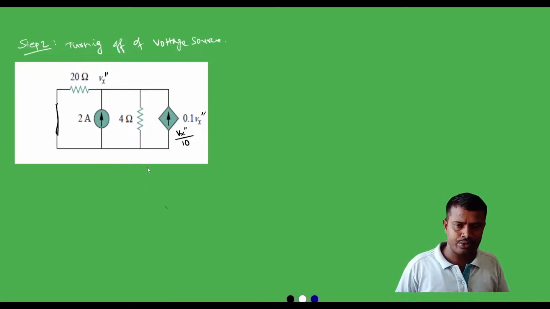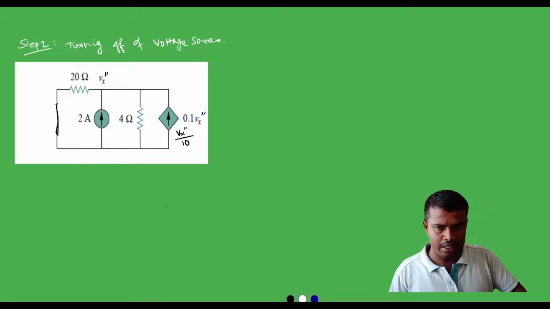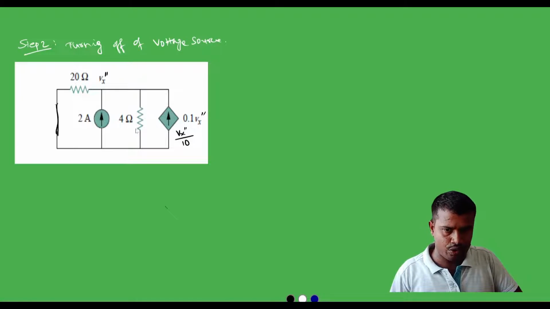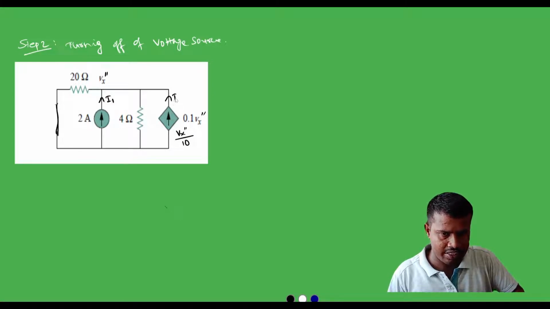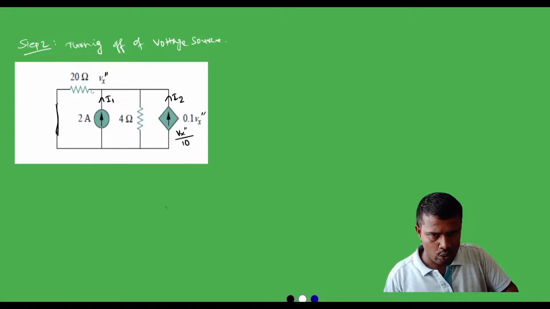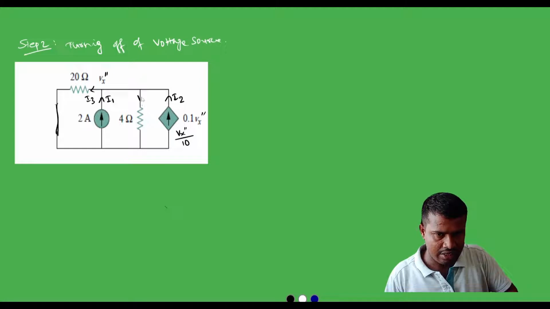Now for solving this circuit, we need to mark the currents, because we need to find the voltage across the 4 ohm resistor, which is Vx double prime. The 2 amp current is I1, the dependent current source delivers a current I2, the outgoing current is I3, and the current flowing through the 4 ohm resistor is I4.